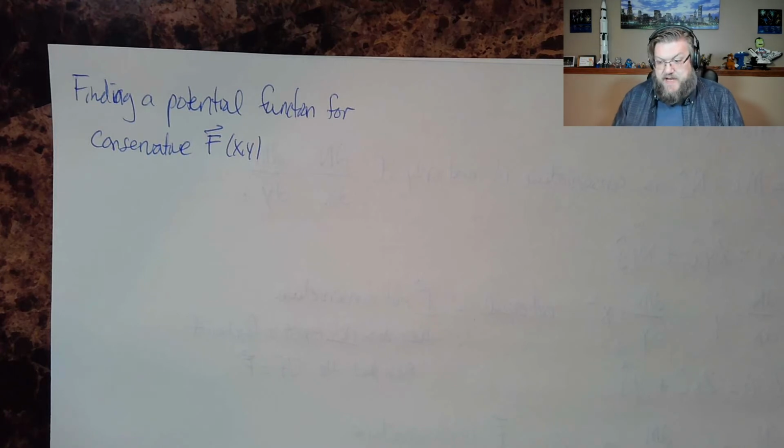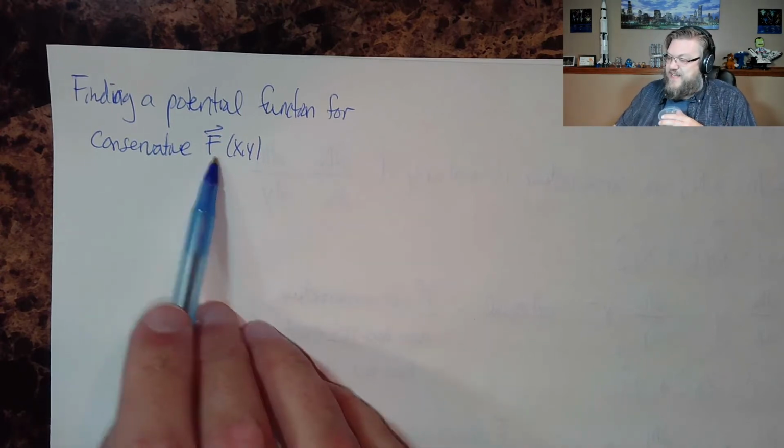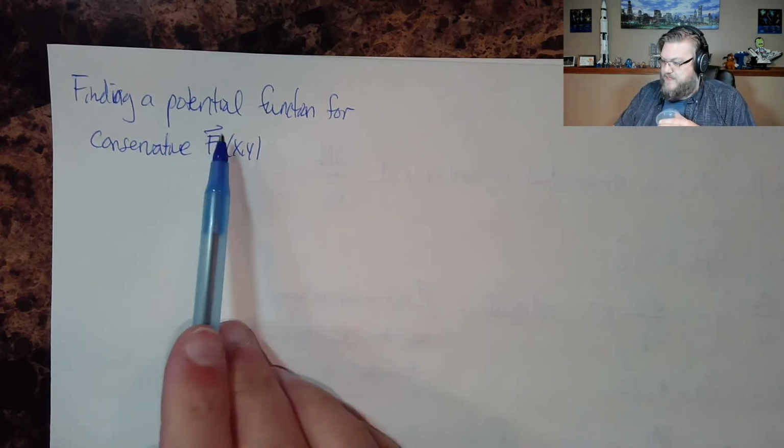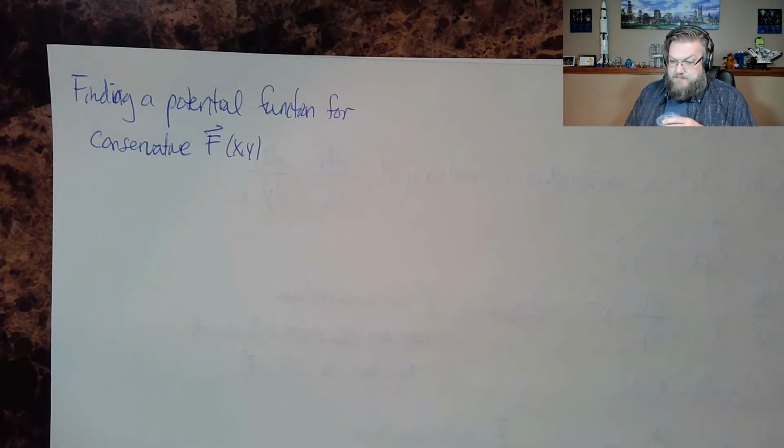So this is going to be a technique to find little f. And to find little f, it might not surprise you that it's going to require integration, right? Anti-differentiation. In other words, to find the little f whose gradient is capital F, I am going to need some anti-differentiation to find that.